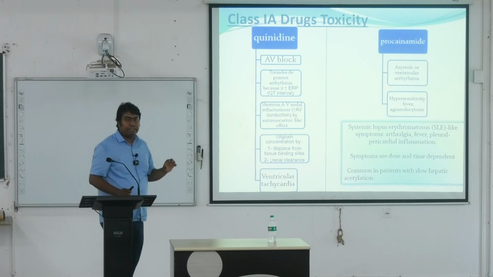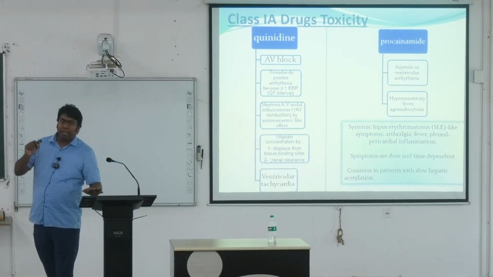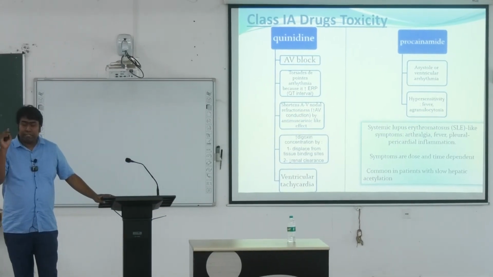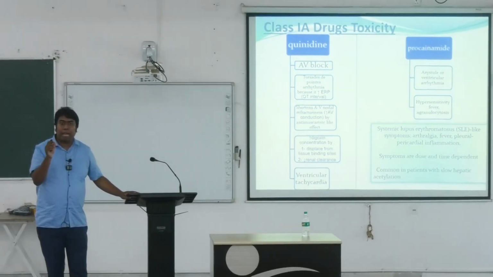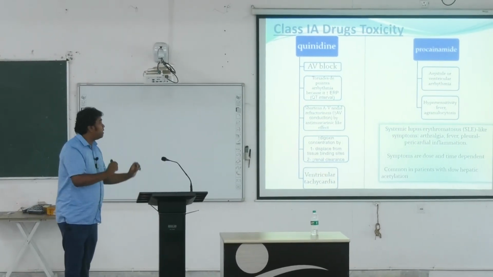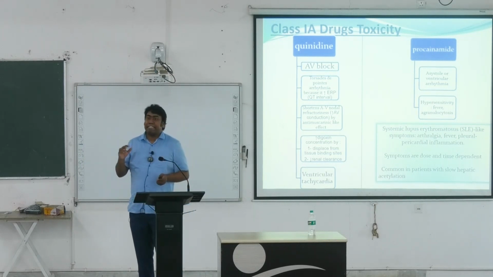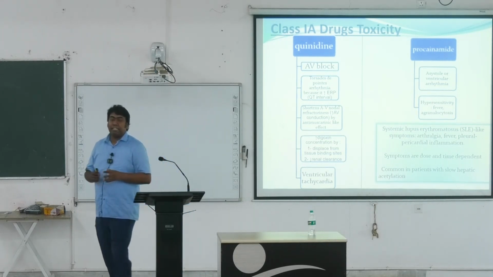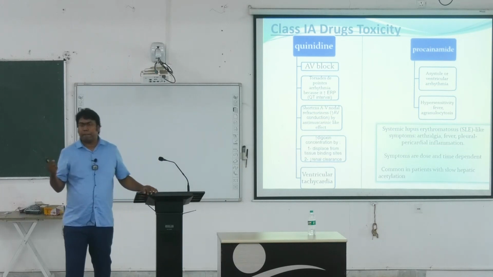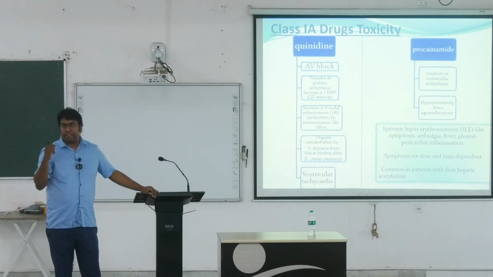There is another term, drug induced SLE. SLE full form is systemic lupus erythematosus. Some drugs can produce this type of symptom. Procainamide is one of the drugs that can produce SLE like symptoms. What symptoms will the patient come with? Butterfly rash or joint pain.